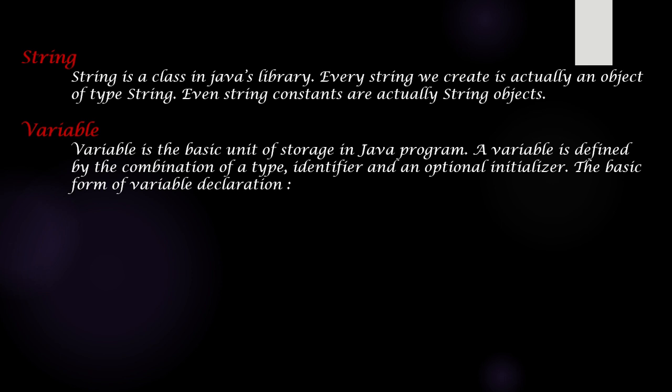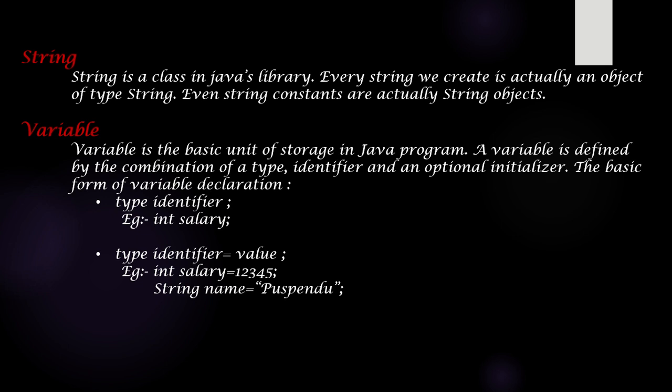So let us see the two basic forms of variable declaration. First is type and identifier. For example, I am mentioning the type as int and the identifier is salary. Another could be type, identifier, and the optional initializer. Here I have mentioned the initializer, such as salary equals, and I have given a value here.